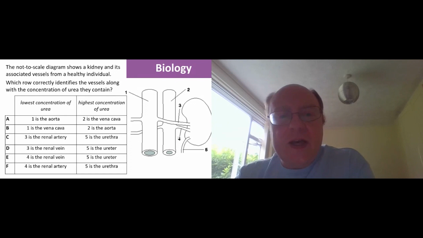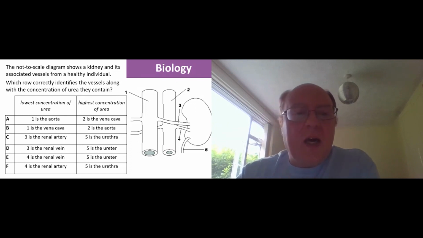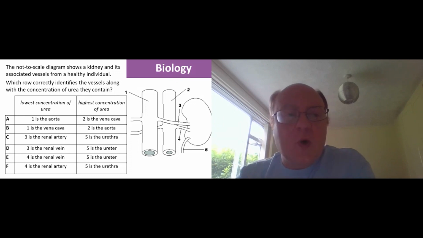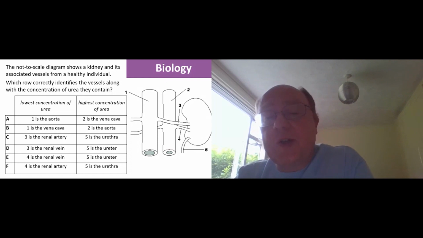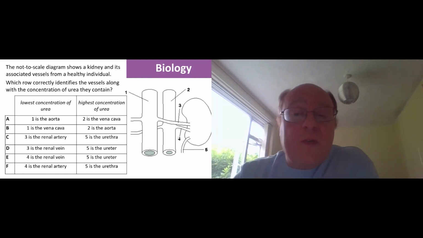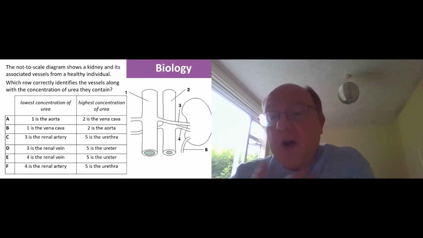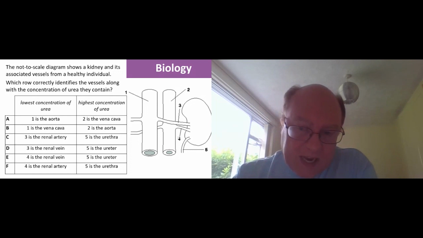If we start to think about the kidney and what its function is, we can see that the 2 columns talk about the lowest concentration of urea and the highest concentration of urea. Now, one of the functions of the kidney is to extract urea from the blood and filter it out.